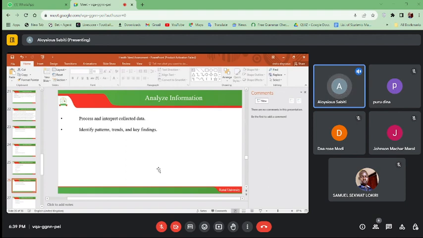You also go further to analyze such data in terms of age, in terms of sex, but also in terms of location. How many of them are in rural areas? How many of them are in urban settings?